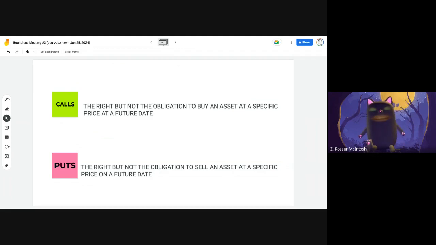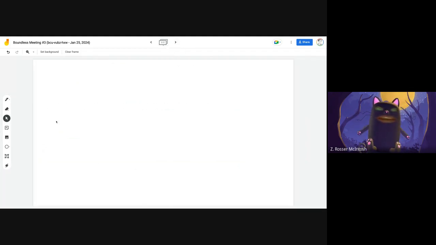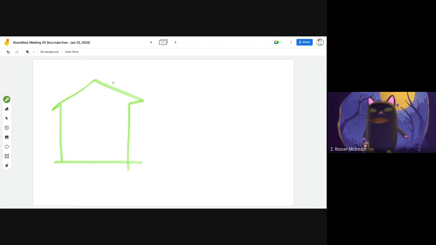So what does that look like, practically speaking? Let's say that you have a house. And there's a chimney.